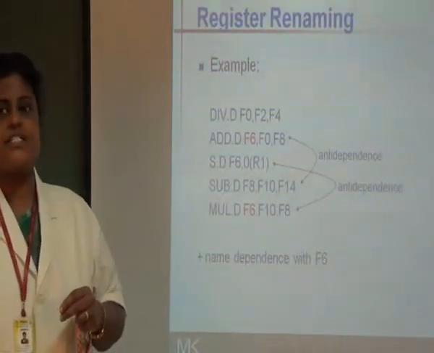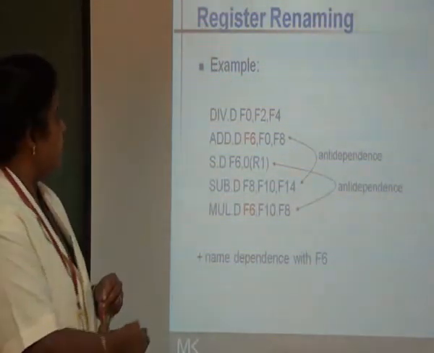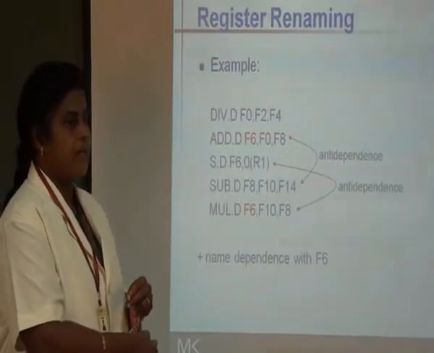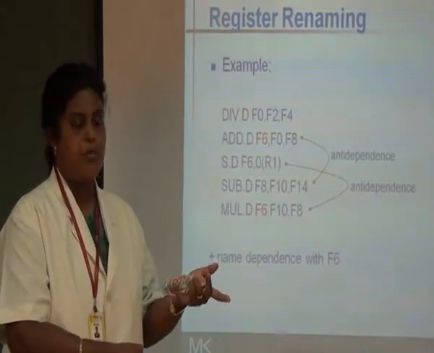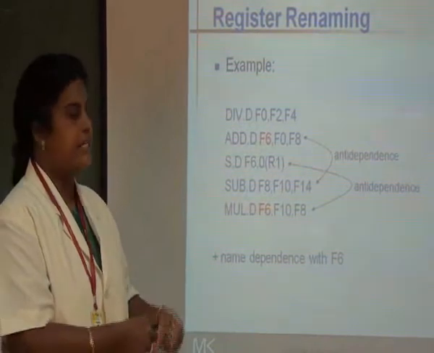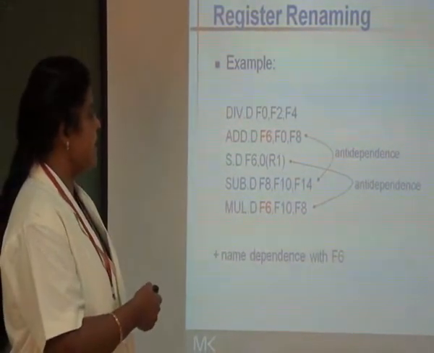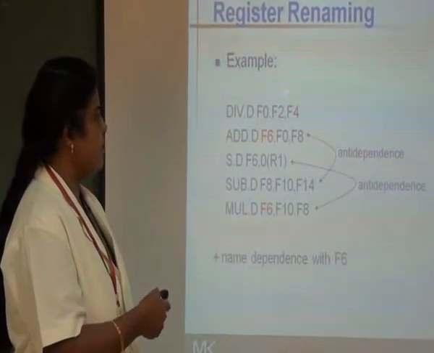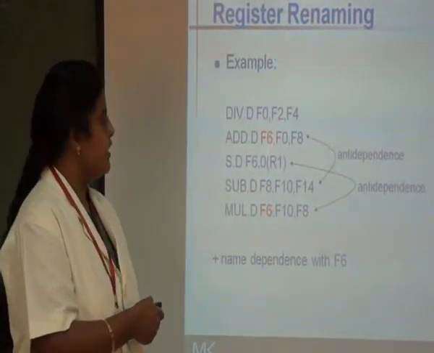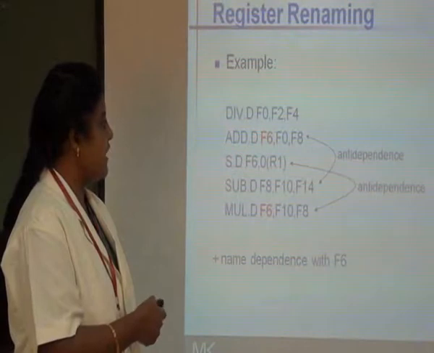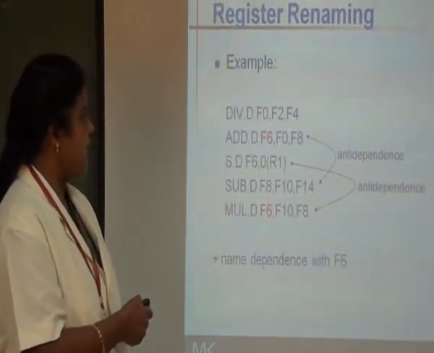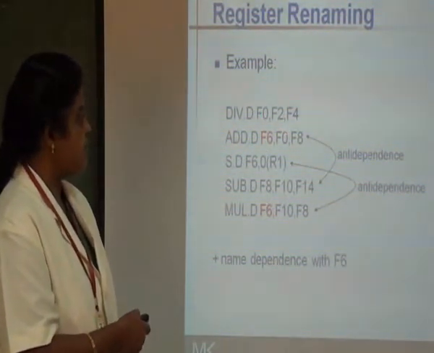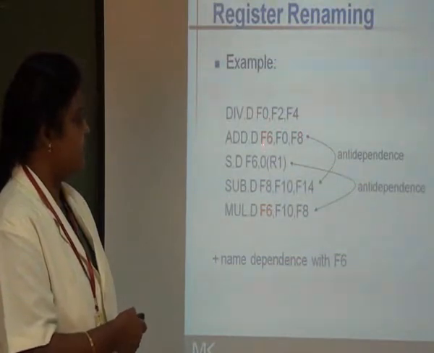So, what is this register renaming technique? If you look into our ordinary program which we had written earlier, this has a double divide operation where we are dividing F2 by F4 and writing the result in F0. Here we once again have a double add operation where we are adding the content of F0 with F8 and the result is put in F6.